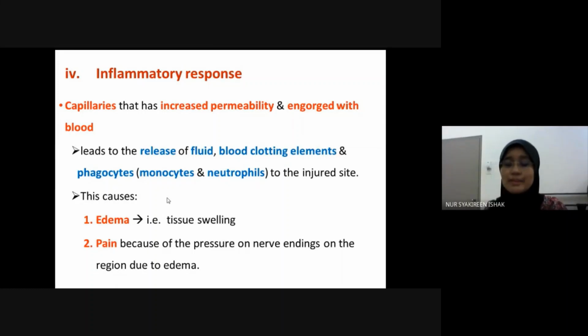Bila lebih banyak tekanan berlaku kat area infected tu, akan berlaku apa? More fluid, okay, to flow out of the blood vessels and causes the tissue to swell up, okay, tissue swelling or edema. So when the tissue swells, it causes pain. Okay, so pain because of the pressure on nerve cell endings on the region due to edema.